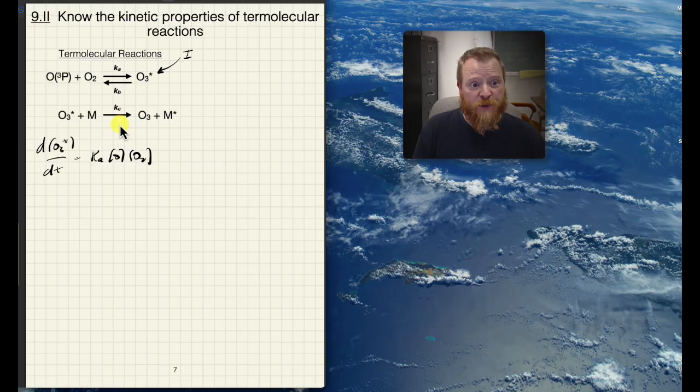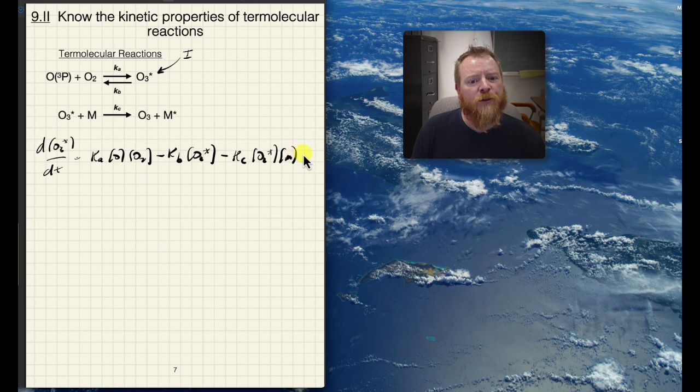So it can also decay in the inhibition step. So that's minus Kb times O3 star. And then, of course, it decays in the production step, minus Kc times O3 star times M.